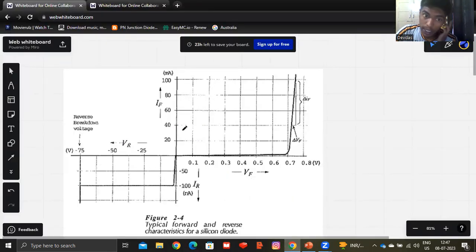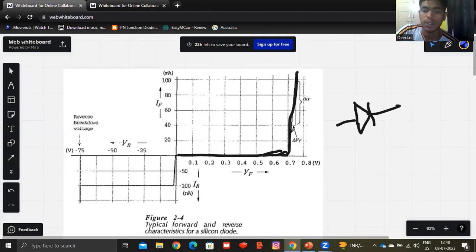Let's say first the diode is in the forward bias direction, which means the positive terminal is connected to the positive and the negative is connected to the negative. The current flowing through the circuit in forward bias is less than 100 microampere, as you can see. It's very little. But once the circuit reaches a voltage of 0.7, there is an extremely linear increase in current.